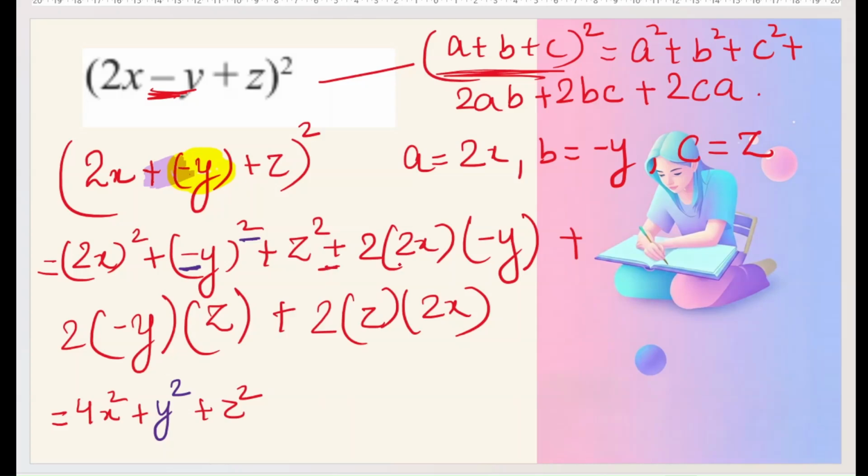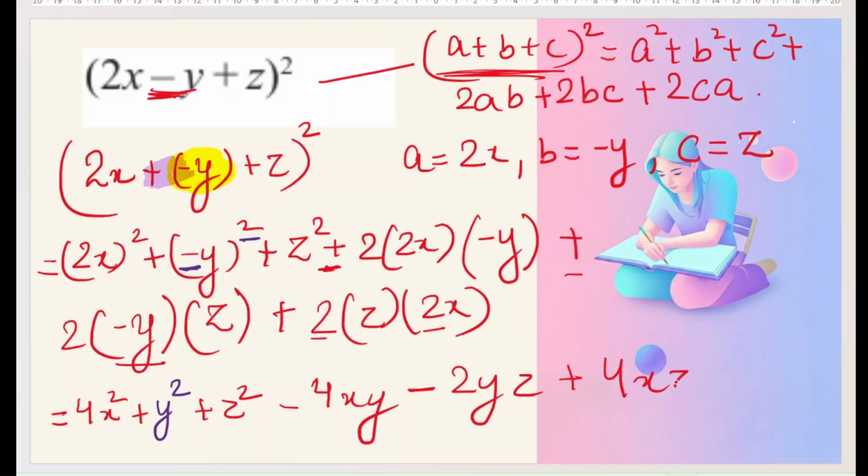Now here plus into minus is again minus, so we have minus 2 into 2, 4xy. Here also plus multiplied by minus is minus, so minus 2yz. Then 2 2s are 4, so plus 4xz. That is your answer.